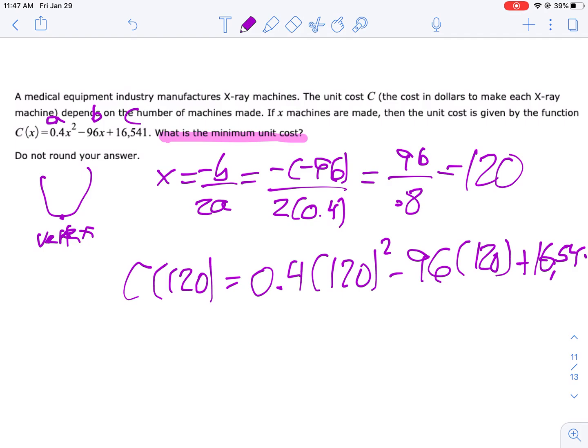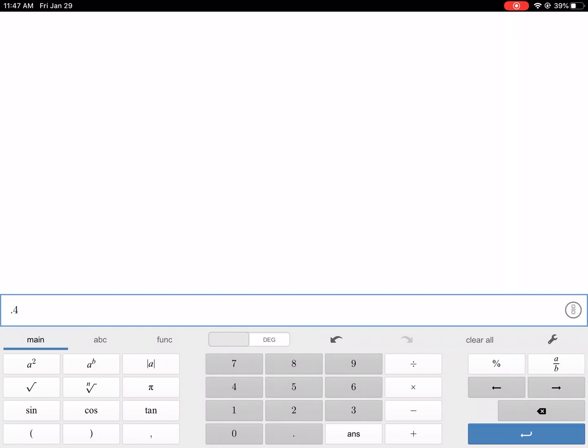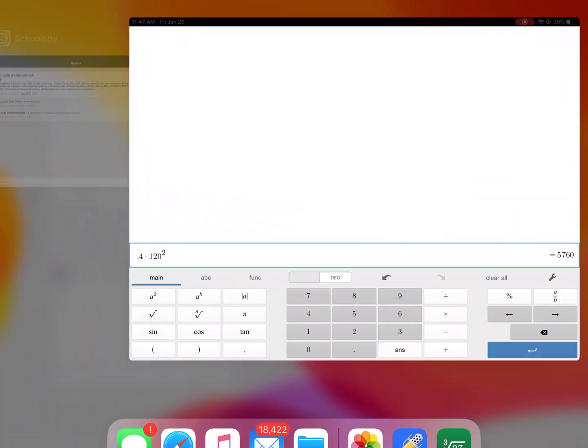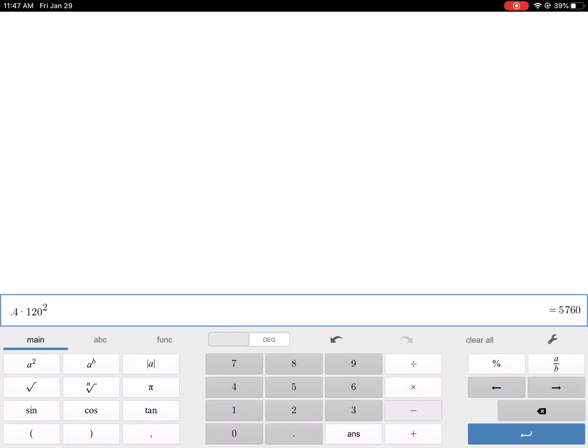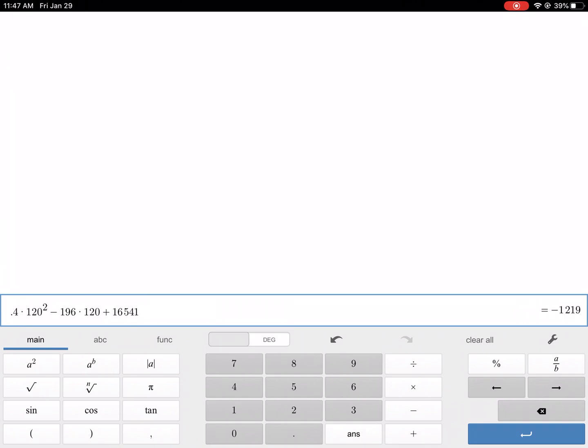So I'm going to take 0.4 times 120 squared, and then minus 96 times 120, and then plus 16,541. I'm going to double check, make sure I got those numbers right. Yep.